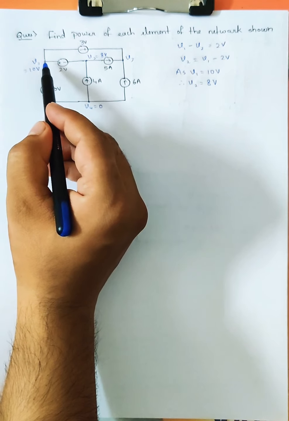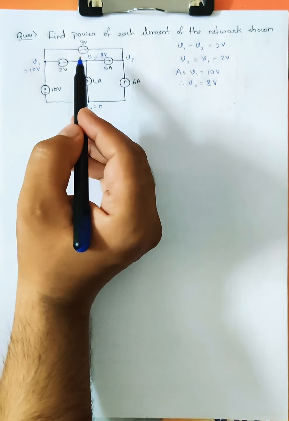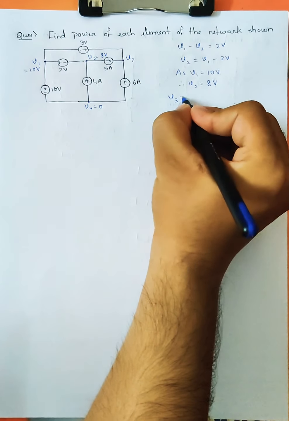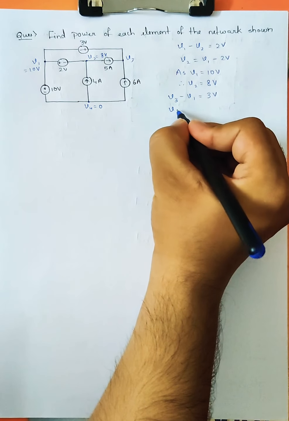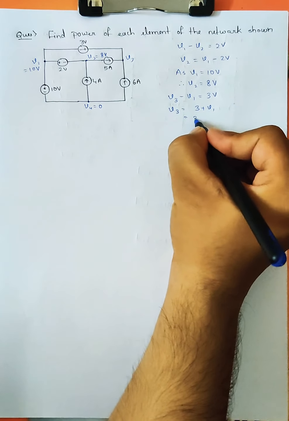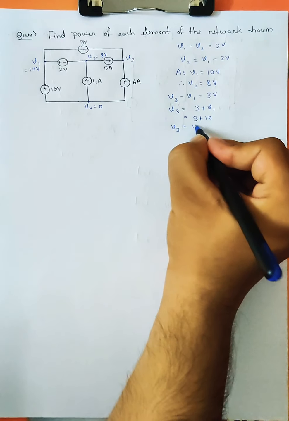Now we can see there is one voltage source between V1 and V3, that is a 3 volts voltage source. So V3 minus V1 is equal to 3 volts. V3 will be equal to 3 plus V1, that will be equal to 3 plus 10. V3 is equal to 13 volts.